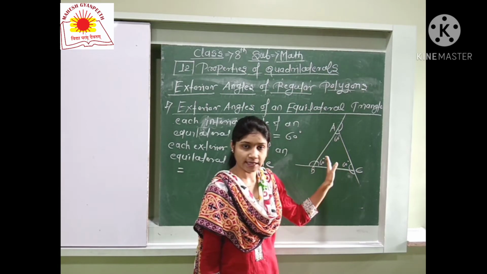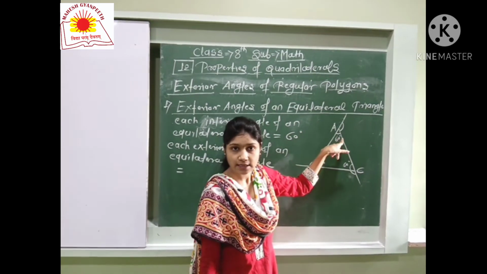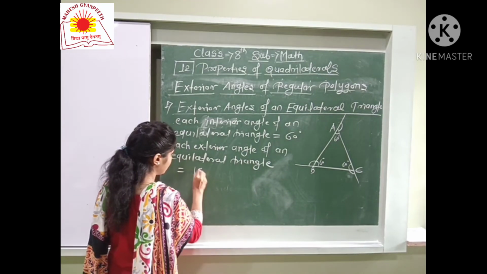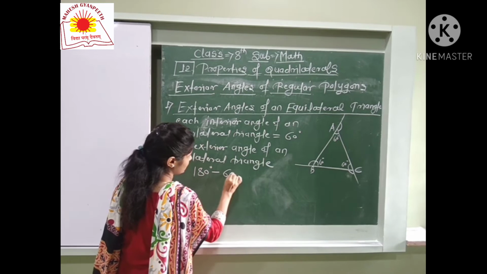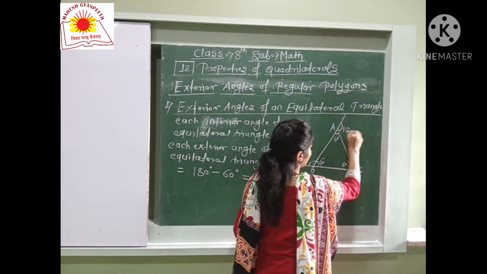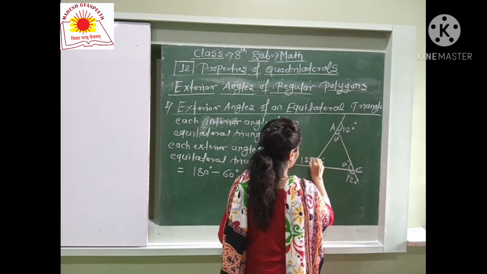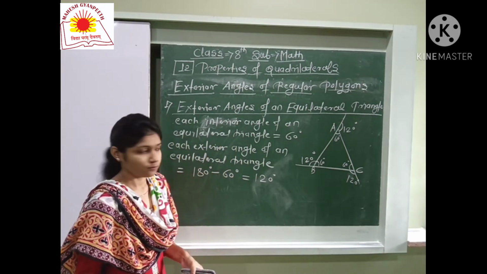It is 180 degrees. So what you do is 180 minus 60, and you will get the exterior angle. 180 degrees minus 60 degrees is equal to 120 degrees. So what is the exterior angle? Each exterior angle of this equilateral triangle is 120 degrees. Okay students? Now find out the sum.